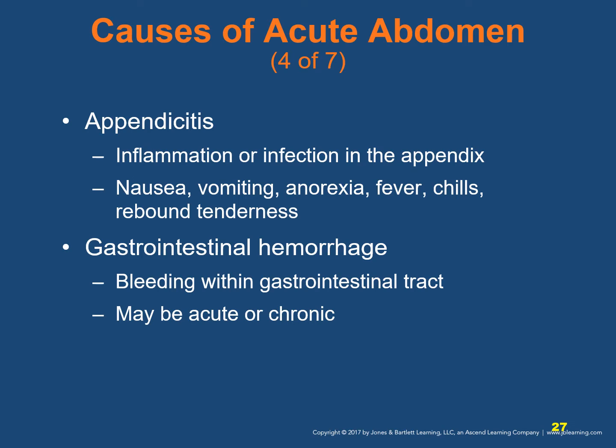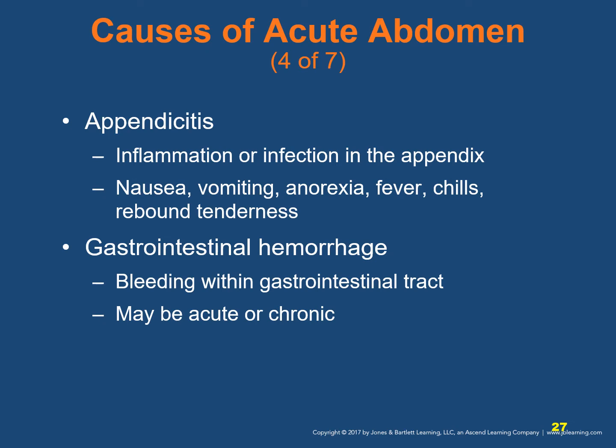It can occur in the upper or lower gastrointestinal tract. Upper gastrointestinal bleeding occurs from the esophagus to the upper small intestine. Hematemesis is frequently seen in patients with upper gastrointestinal bleeding. Basically, that means they're throwing up blood.